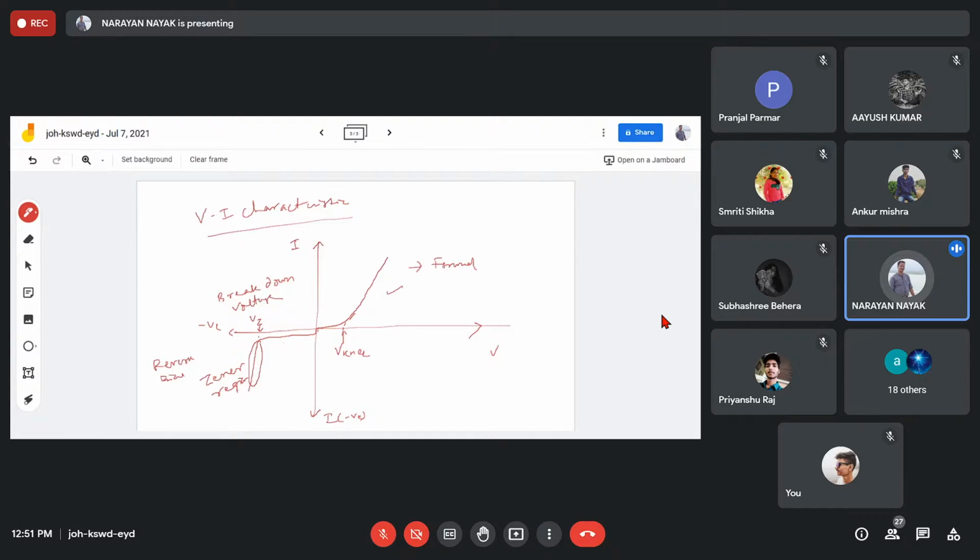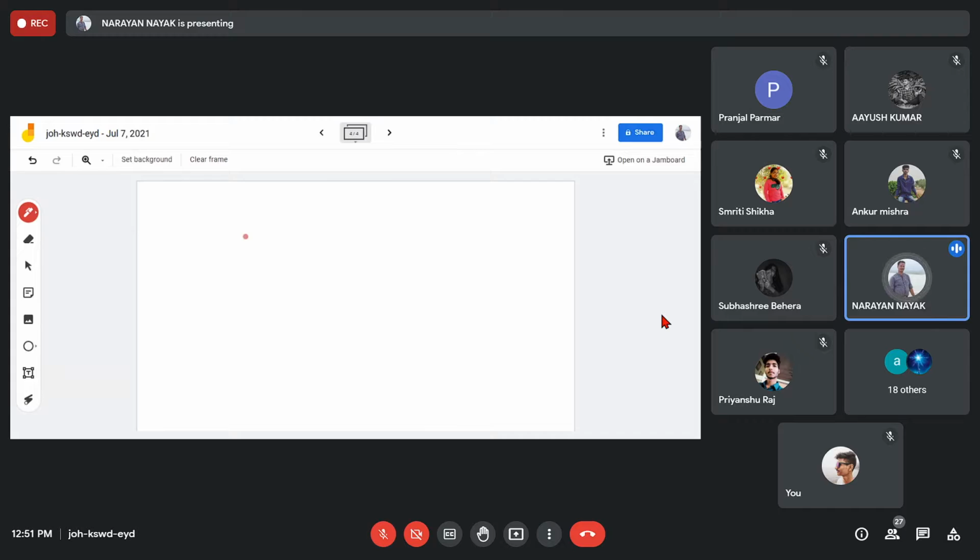Due to application of this, I think I'll show you on the diagram. So here, this is your P, this is your N, and this is your depletion region. Now this is a negative voltage, this is a positive voltage.